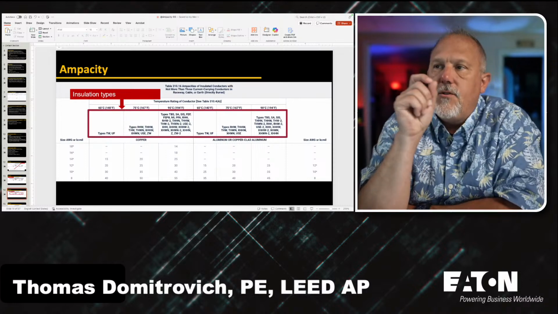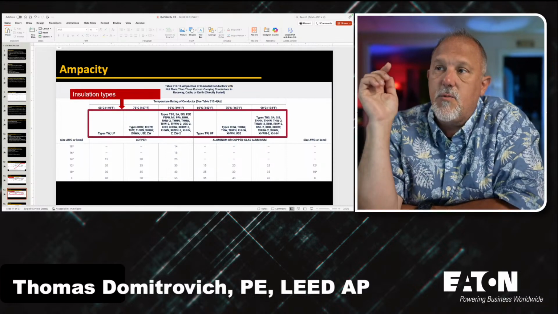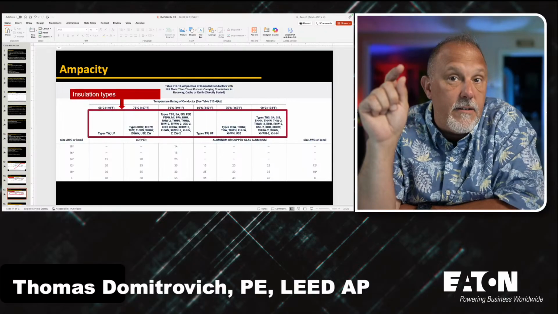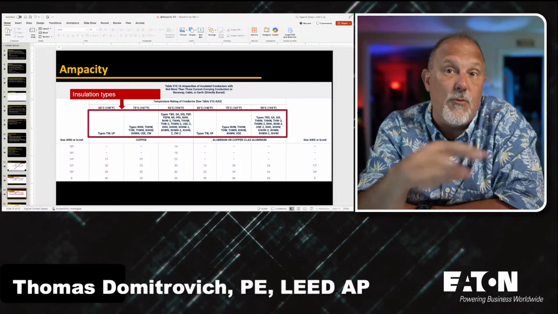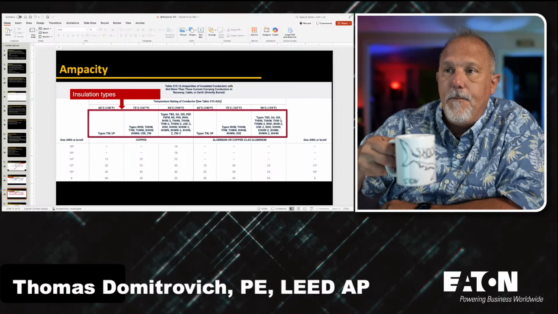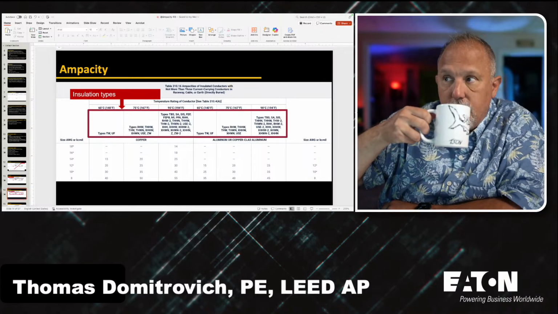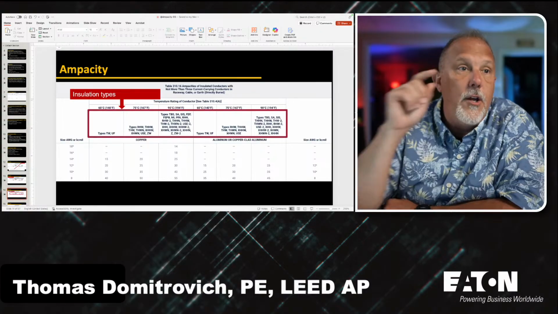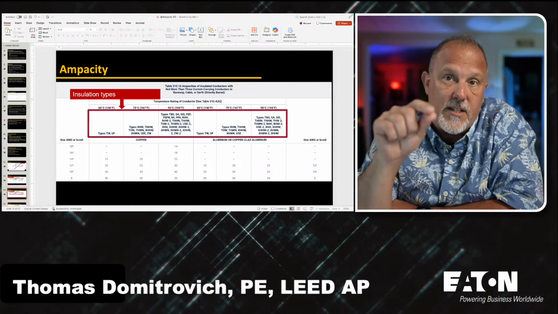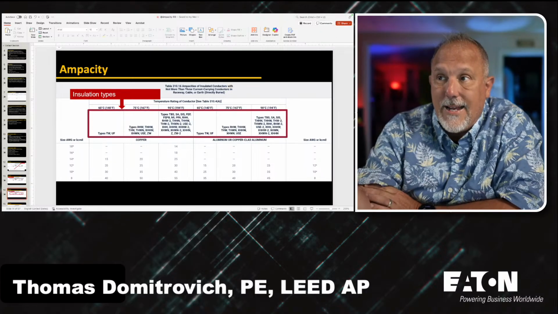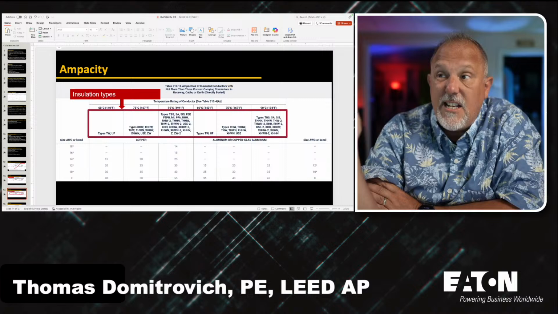Those are my insulation types. This is where I'm going to find my THHN, my THHW, my -2s for 90 degrees C in wet locations. The critical piece, remember I said earlier, is that 310.4 is going to tell me whether that's a 90 degree C insulation, etc. But I've already got that here. So I know in the 90 degree C column, I'm not going to have a conductor.